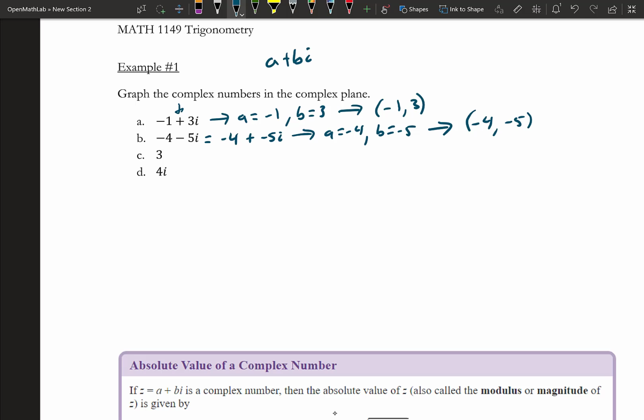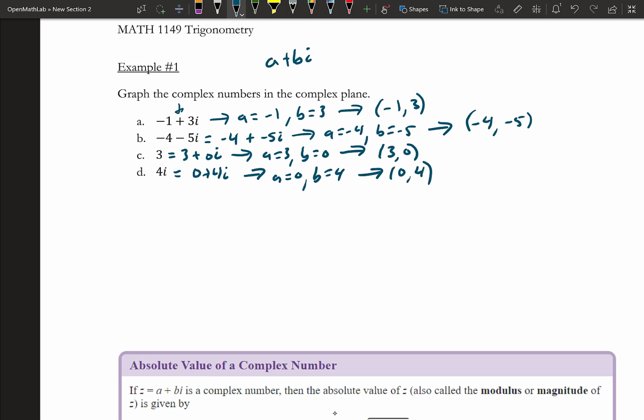Now 3 is equal to 3 plus 0i. So a equals 3 and b equals 0, so this becomes the ordered pair 3 comma 0. And lastly, 4i is equal to 0 plus 4i. So a is 0 and b is 4, which gets mapped to the ordered pair 0 comma 4.